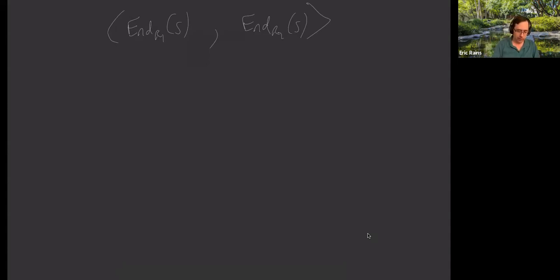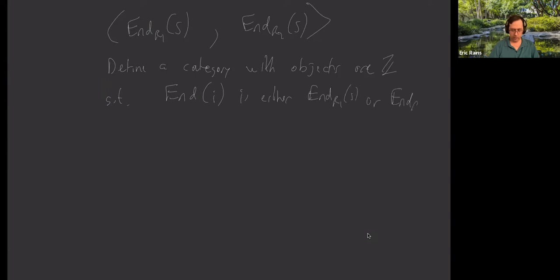So instead, what we're going to do is define a category where the objects are Z, so one object for each integer, such that, firstly, the endomorphism module of the ith object is either End_R1(S) or End_R2(S), depending on parity.